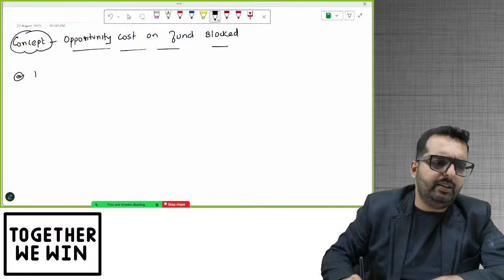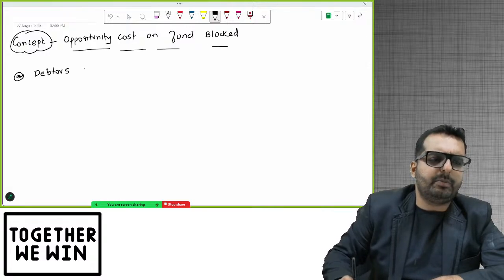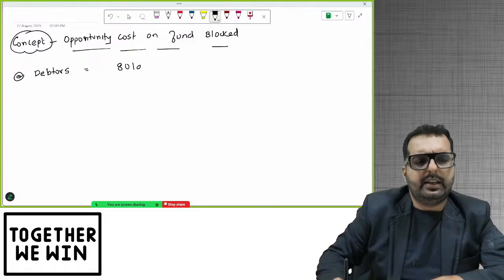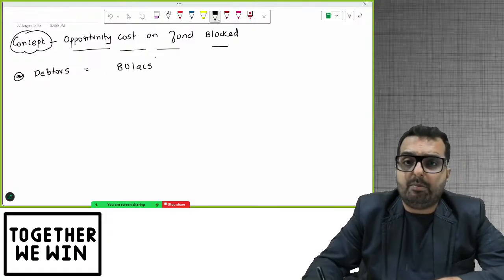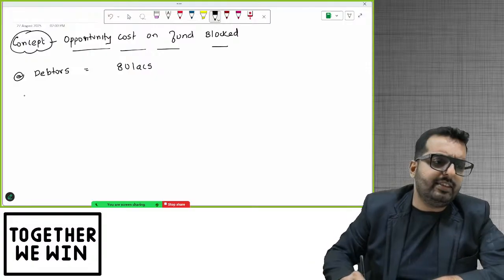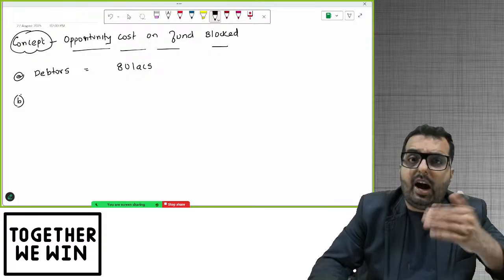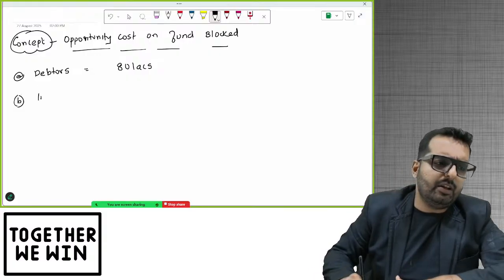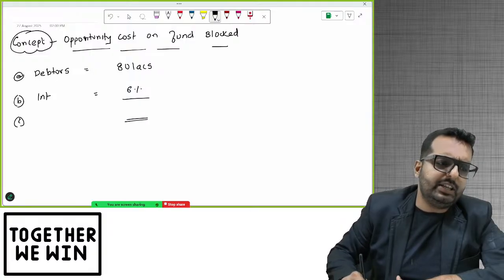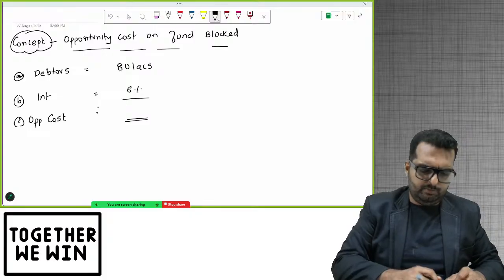So basically, in this example, how much was my debtors? Debtors is 80 lakhs. So my 80 lakh is blocked right now. Yes or no? Since my 80 lakh is blocked, had I got this money today, I could have put this money in my FD. I would have got an interest of at least 6%. So how much interest would I have got, which I am not going to get now? 80 lakh into 6%.